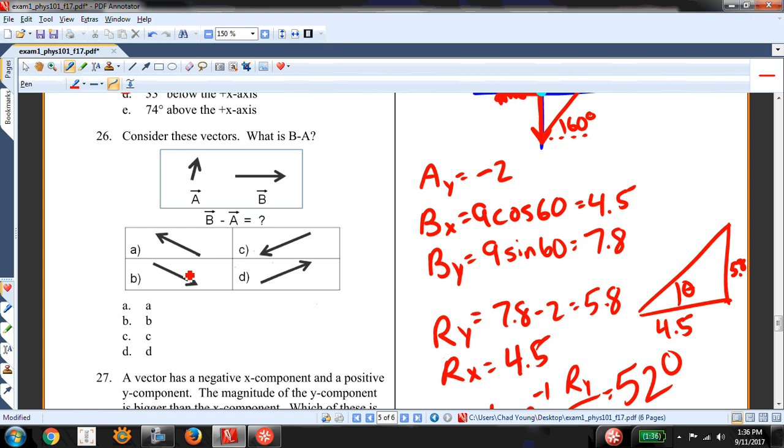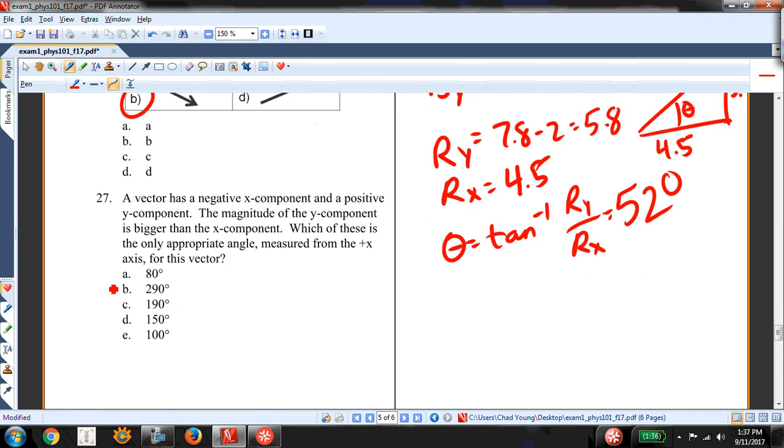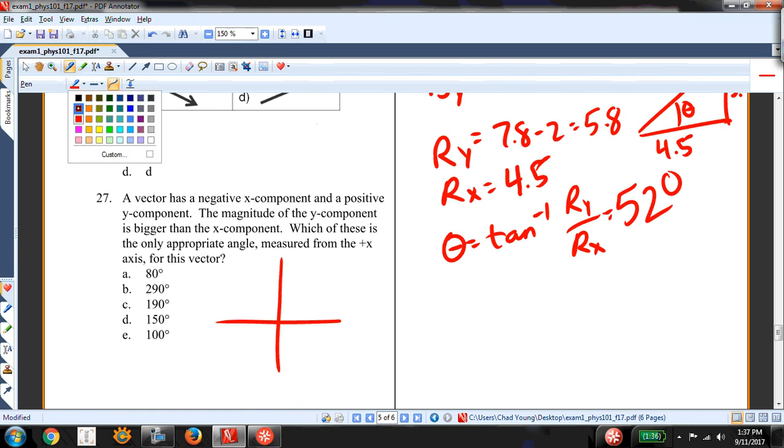26, I want to do B minus A, where B is like it is, A is like that, and so that's going to be the result, so B is the answer. Vector has a negative x component, so the x component is over here, and a positive y component. The magnitude of the y component is bigger than the x, so it looks like this.